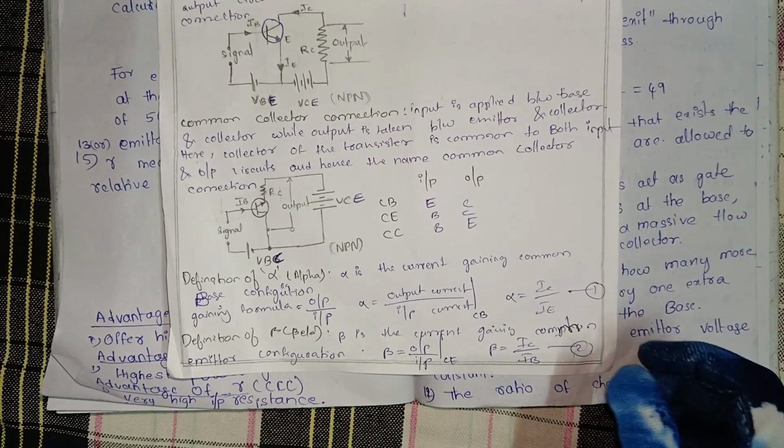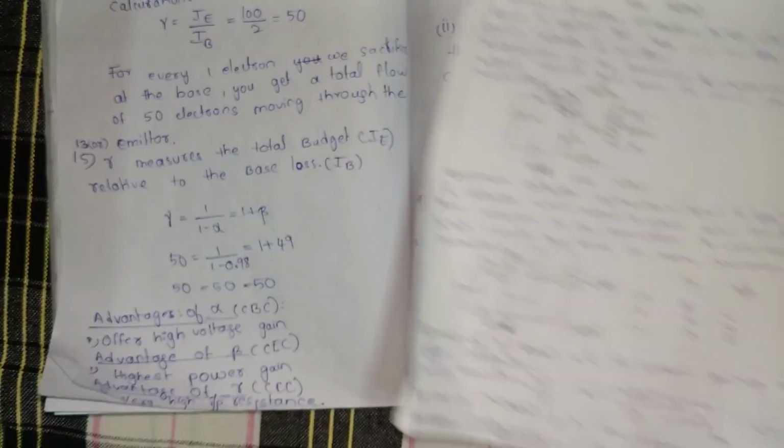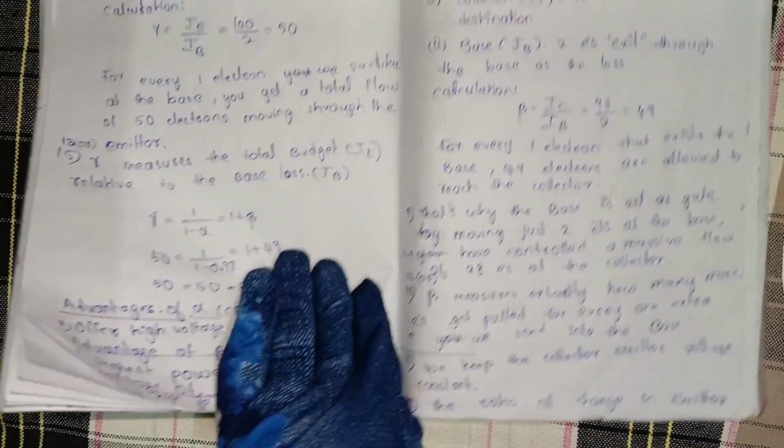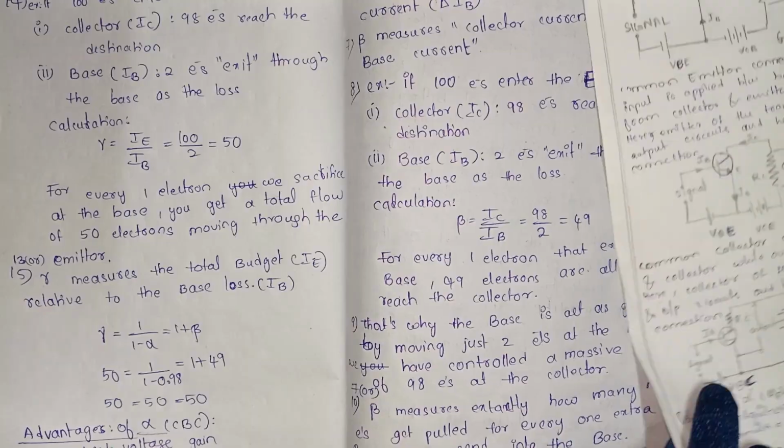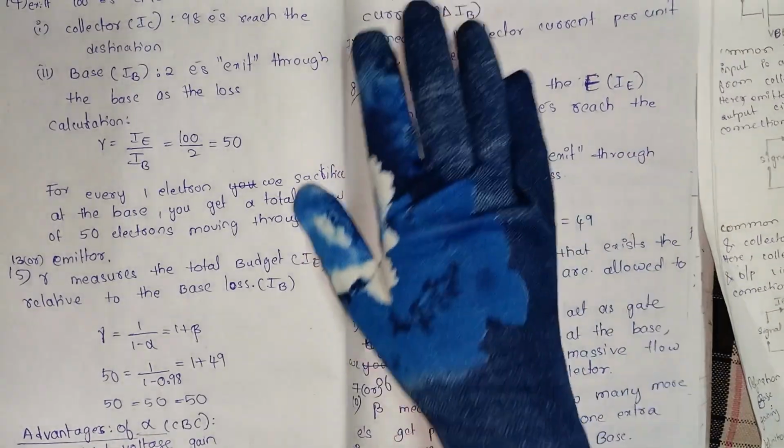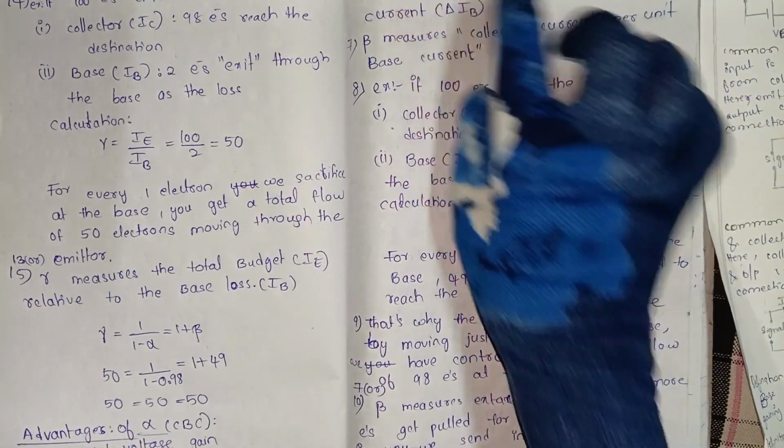And so here, in case of beta, we keep the collector emitter voltage constant.